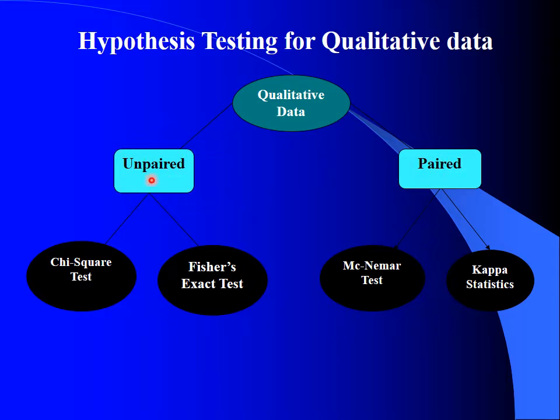Regarding unpaired data, how to calculate chi-square and the information about Fisher's exact have already been given. Now I talk about paired data, in which we are going to talk about the McNemar test or McNemar chi-square test and Kappa statistics.